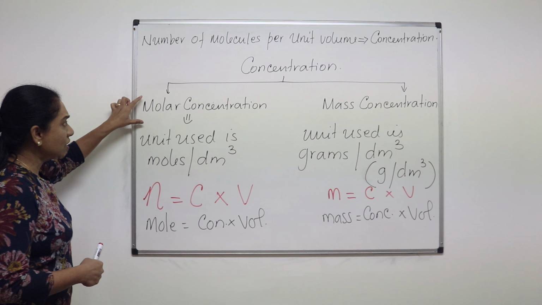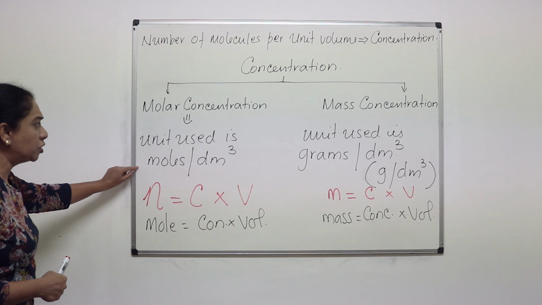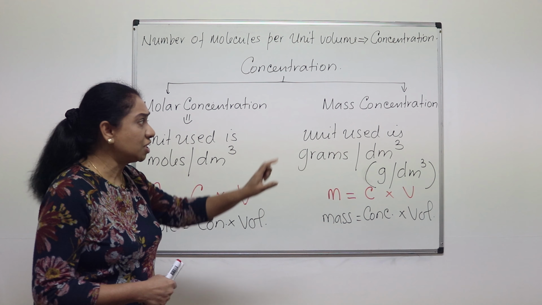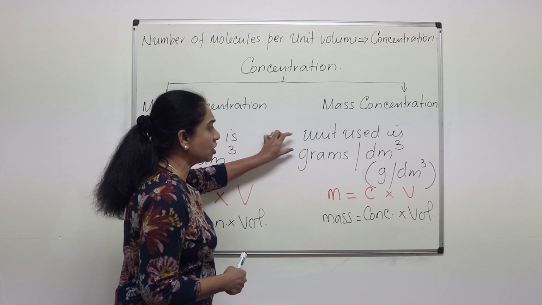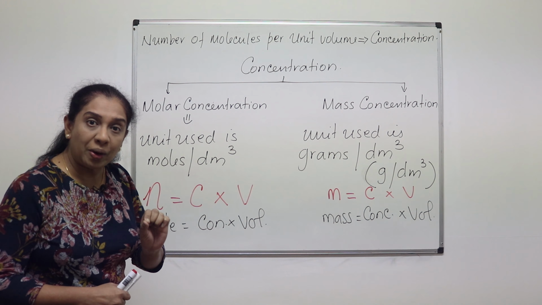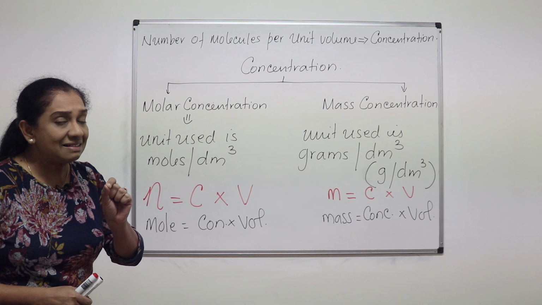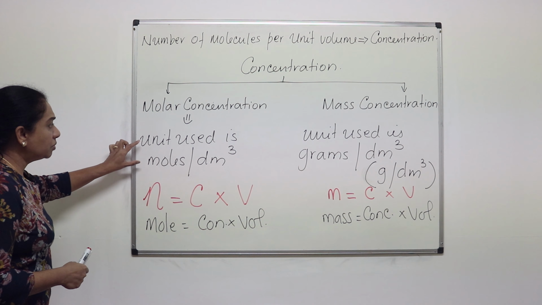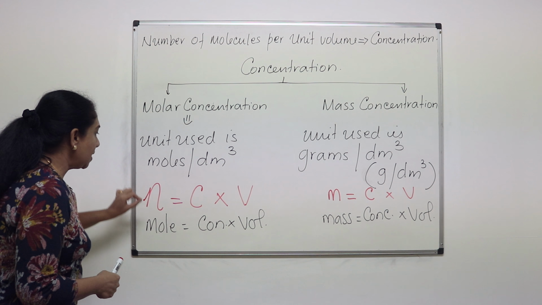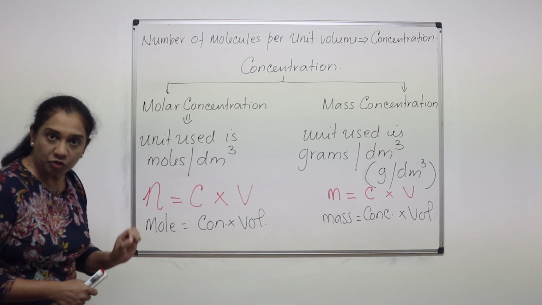The molar concentration is going to use the unit of moles per dm cube, and the mass concentration is going to use the unit of grams per dm cube. So the equations that we are going to use are slightly different. For the molar concentration, the equation is mole equals concentration times volume.